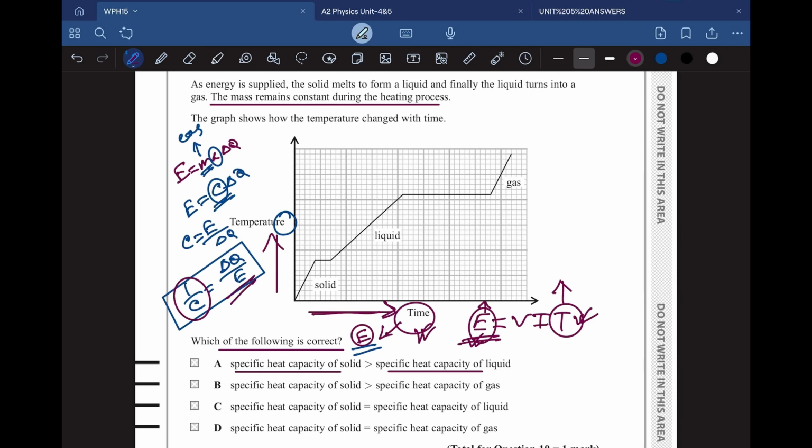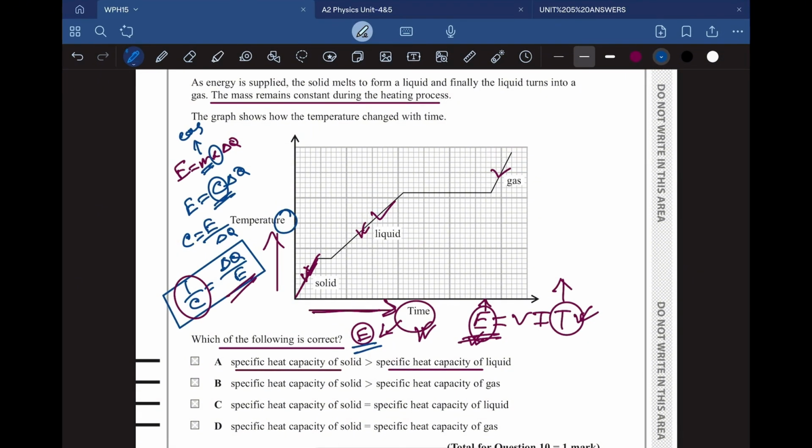Now we will have to look at the three parts, solid, liquid and gas. Between the solid and the liquid, the gradient of the solid is greater because it is more slanted, it is steeper.